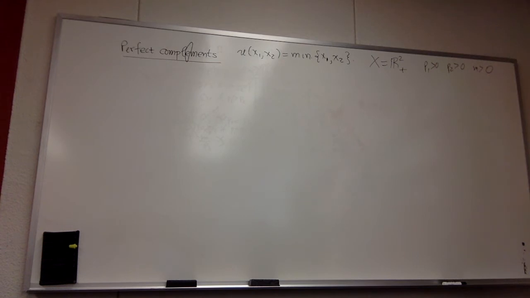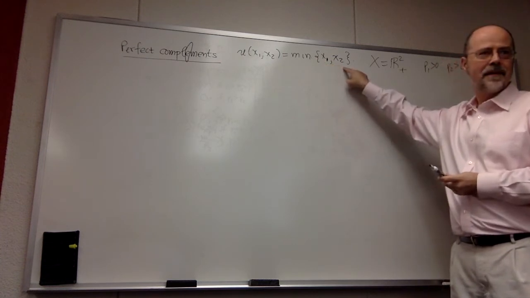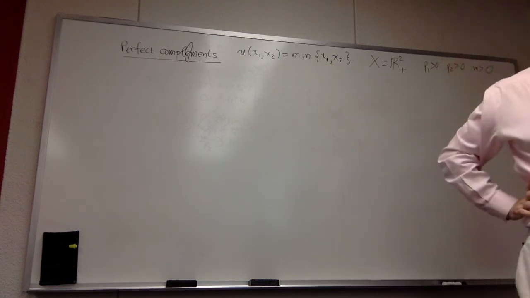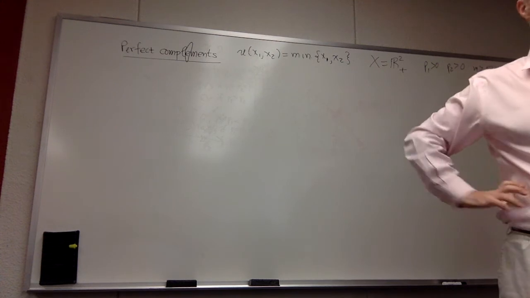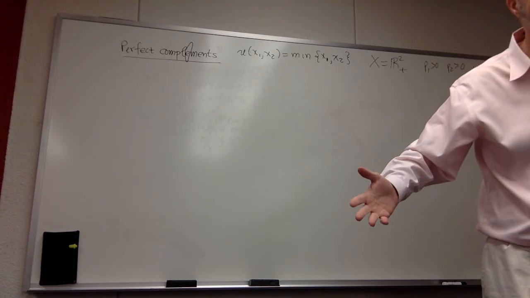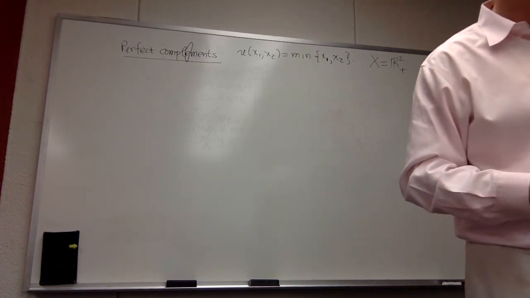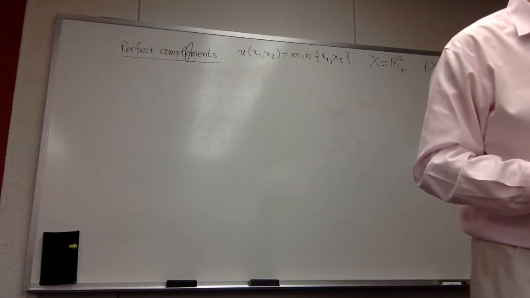Suppose I have 3 left shoes and 2 right shoes. How happy am I? Well, as happy as having 2 pairs of shoes. That third left shoe I can't do anything with. Let's assume they're different. They all fit me, but they are different colors and so on. Okay?